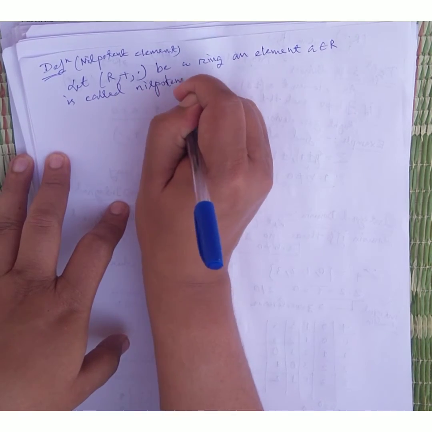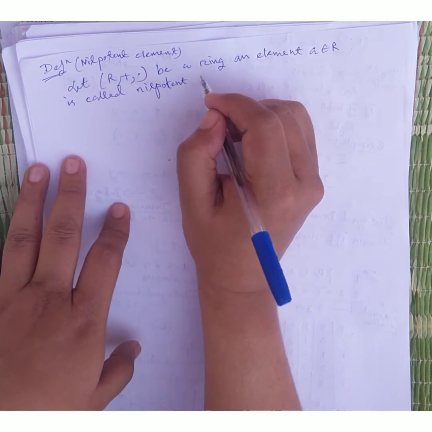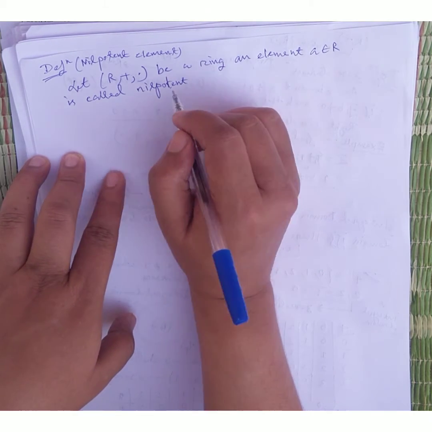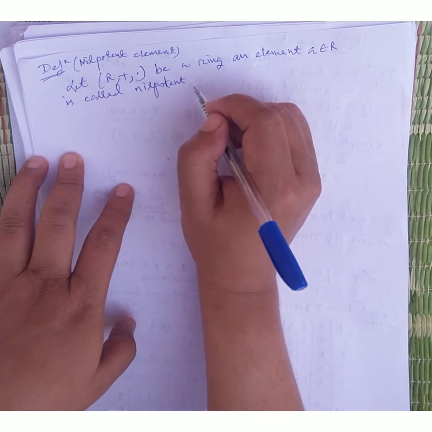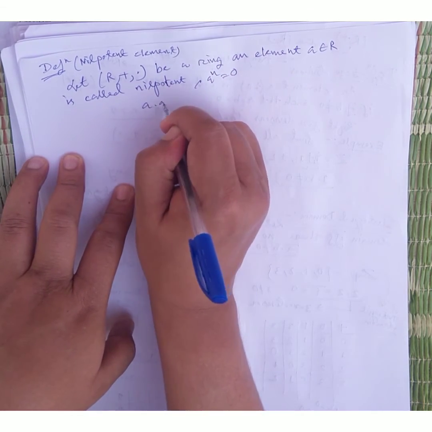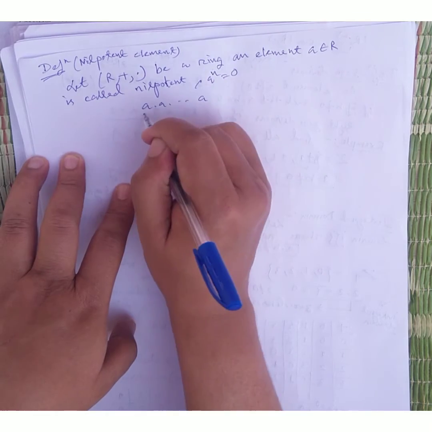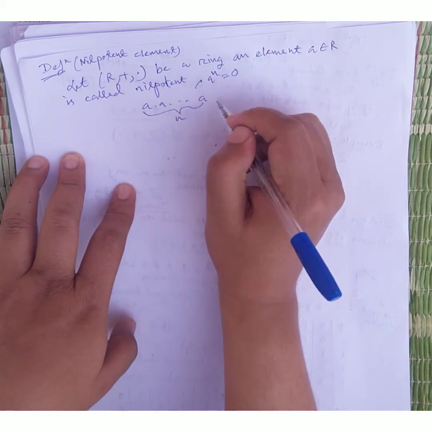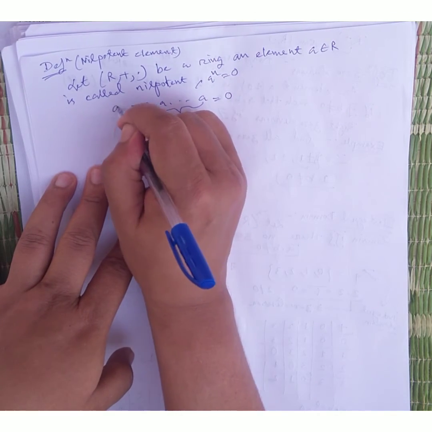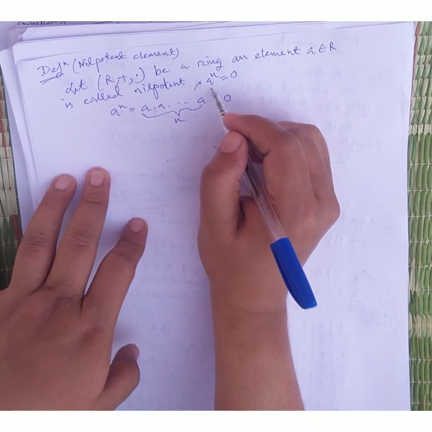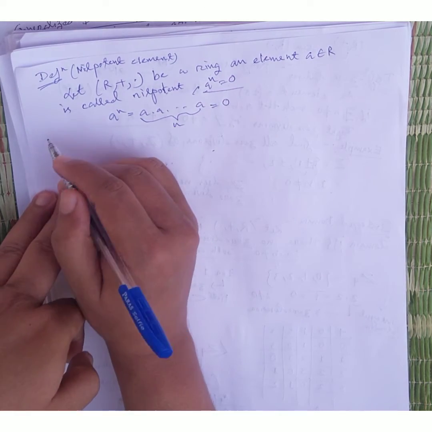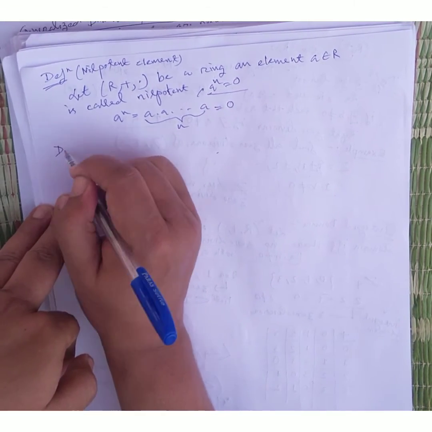Briefly I discussed it. You can get a lot of books where they also give the definition. This definition is very simple. It is called nilpotent if a to the power n equals 0. A to the power n means a dot a up to n times, this is n multiplications, and it is 0. So this means a to the power n equals 0, and this element is called a nilpotent element.